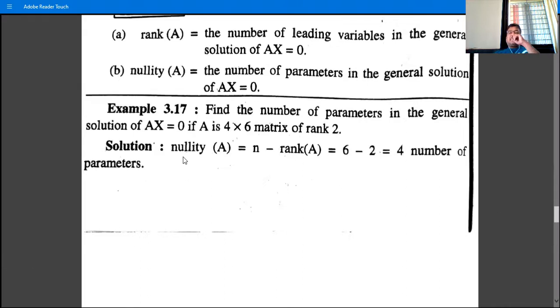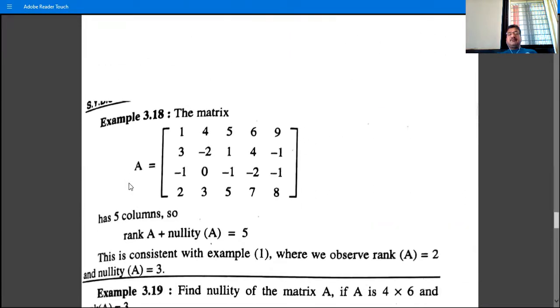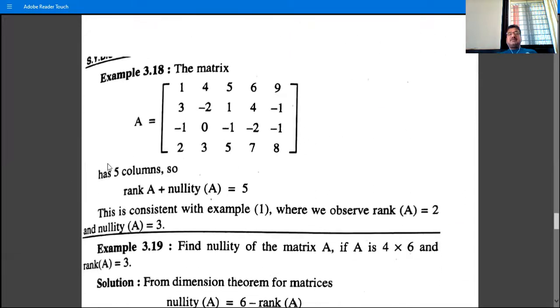So use the theorem that rank of A plus nullity of A is equal to the number of columns, that is 6. And so nullity of A is n minus rank of A, that is 6 minus 2, that is 4. There are 4 parameters. Number of parameters means the nullity of A is 4, and therefore in the system Ax = 0 there are 4 parameters.